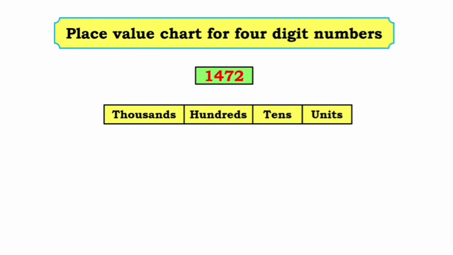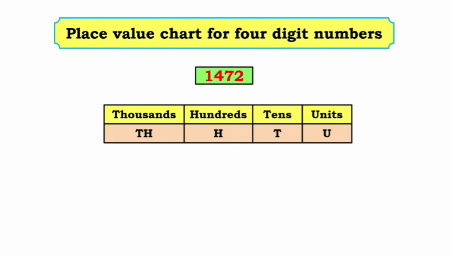Let us take the number 1, 4, 7, 2. So we will write U for units, T for tens, H for hundreds and TH for thousands. Now let's arrange these numbers systematically under their places.